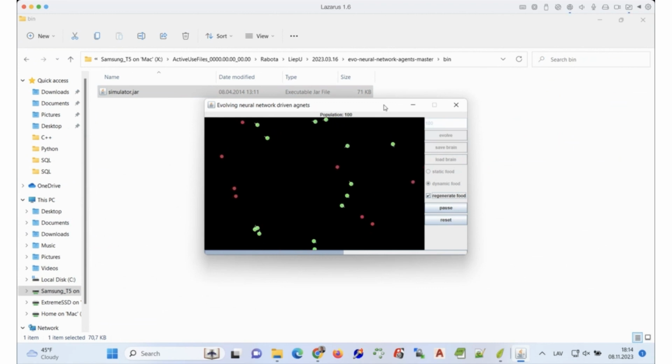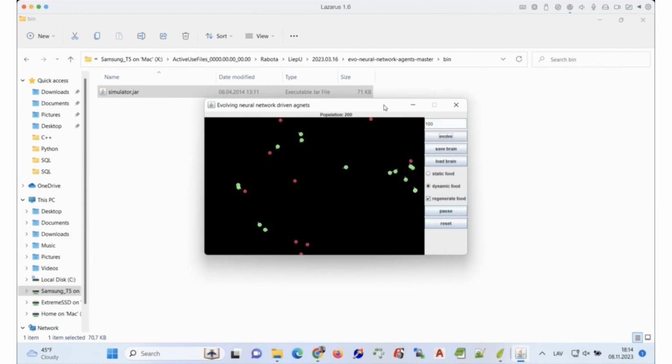And I can tell you that sometimes the whole generation can start moving backwards as well. And each of these entities has its own neural network with its own levels of importance, or as they are called in literature, weights of parameters.